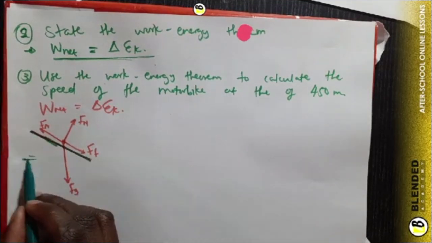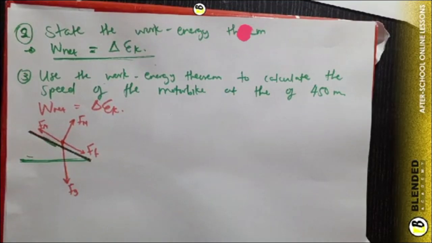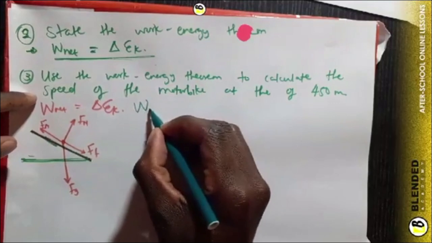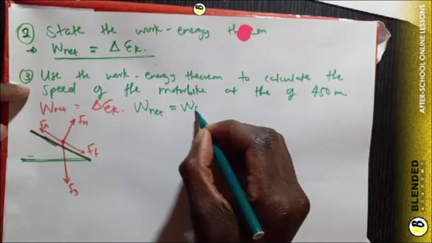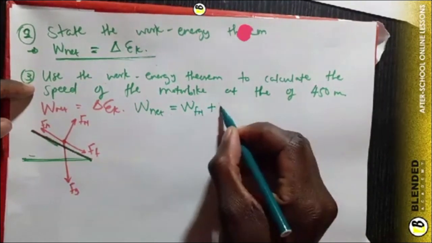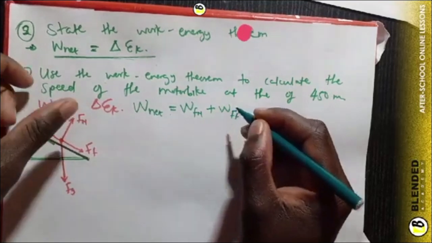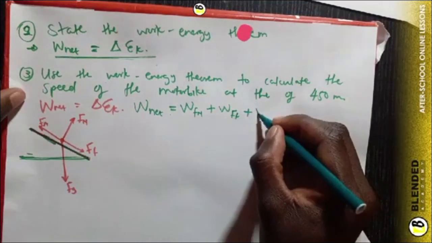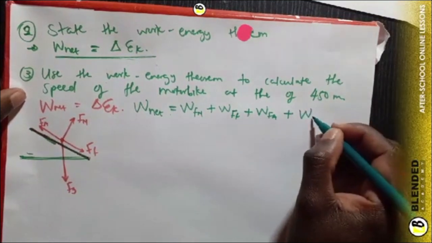What we need to do here now is find the net work, or the total work done on the object. To find that, net work will be equal to the work done by the normal force, Fn, plus the work done by the frictional force, plus the work done by the applied force, plus the work done by the force due to gravity.